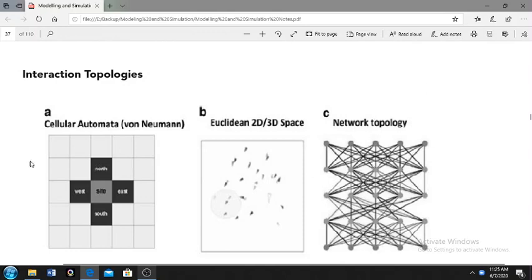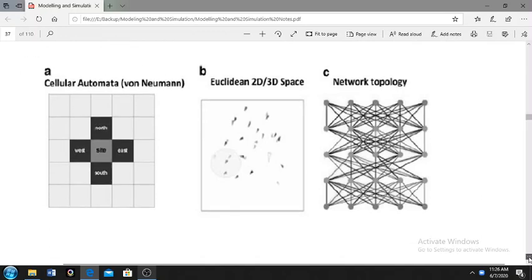So they can interact either as cellular automata, or in a space where they can freely move, or they can move and interact in a kind of network. Good.